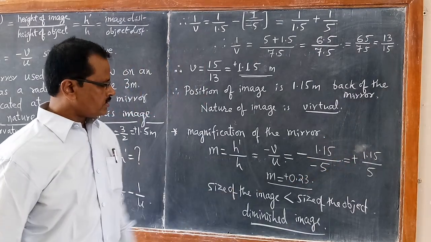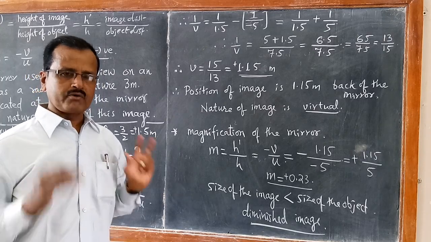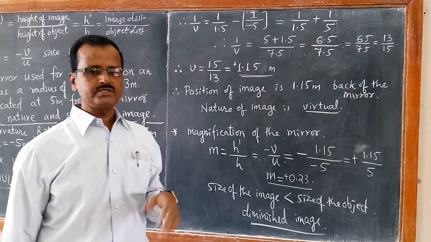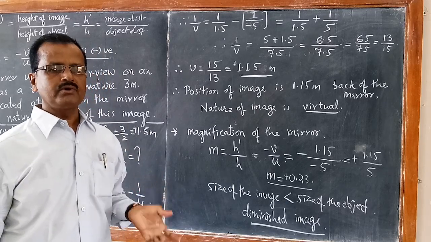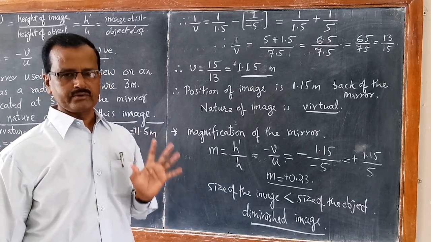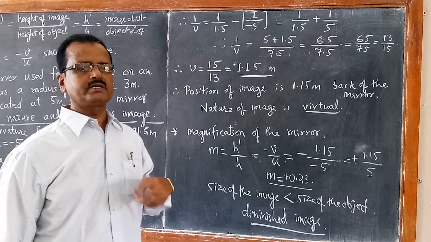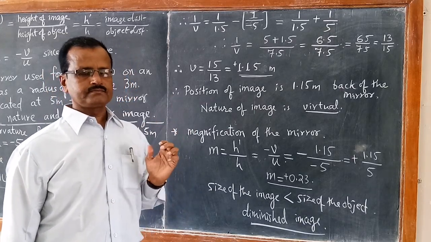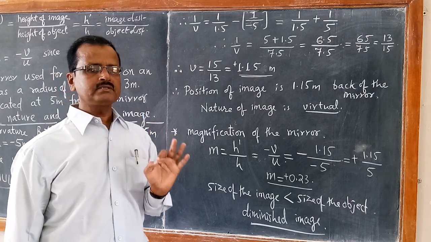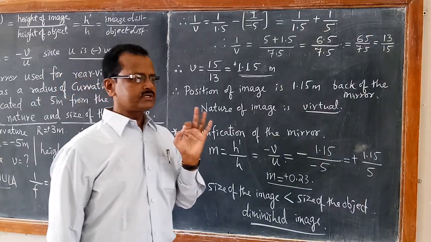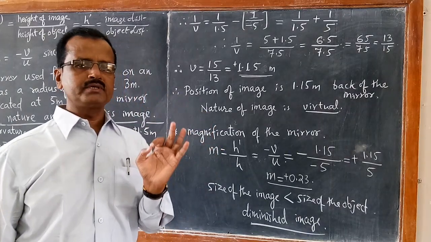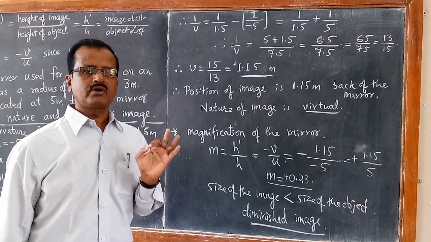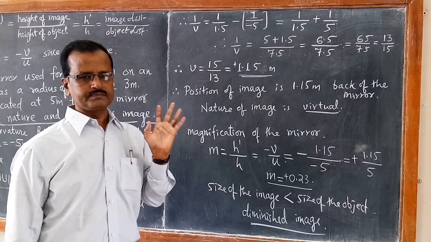So the magnification of convex mirror is always positive since it forms virtual image, whereas magnification of concave mirror is negative, because in most of the cases it is forming the real image.